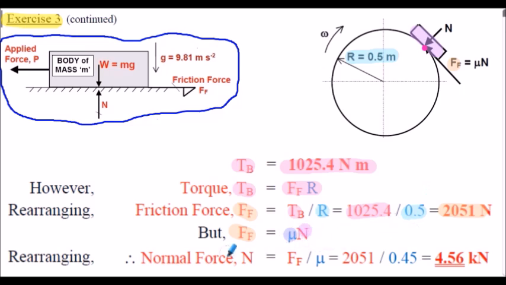So rearranging for the normal force N, it's the friction force divided by mu. Inserting the frictional force from above, the coefficient of friction was given in the question as 0.45. We can determine the normal force required to cause the braking effect is 4.56 kilonewtons. So that's this value here, forcing the brake pad onto the rim of the drum.